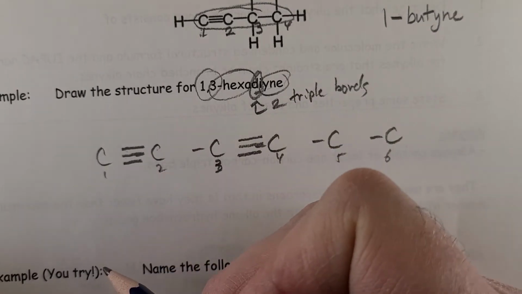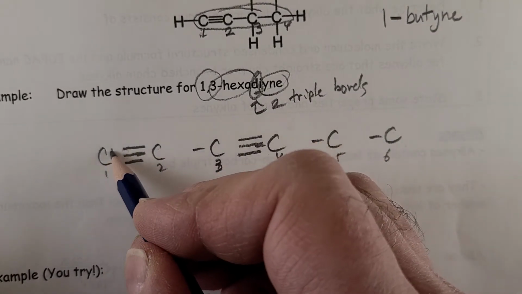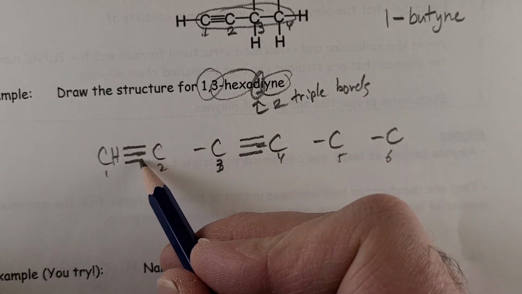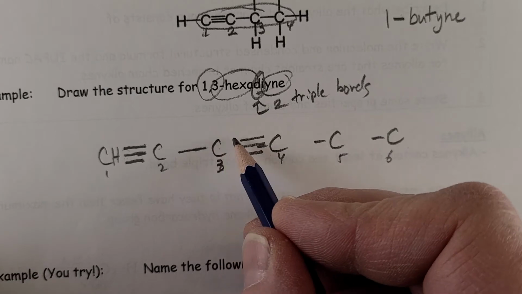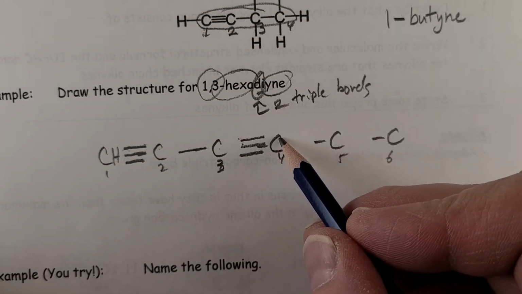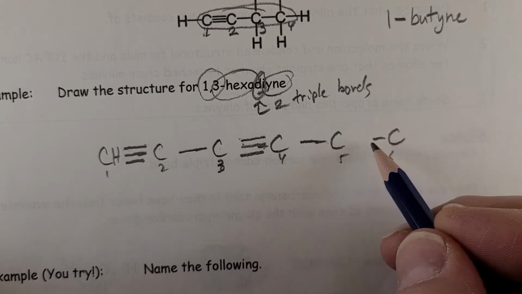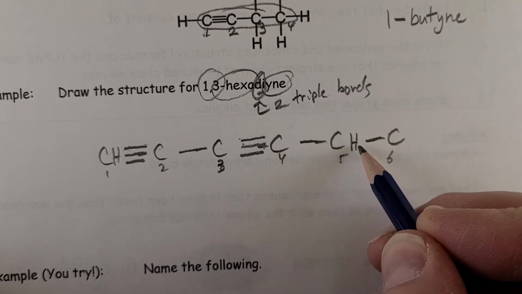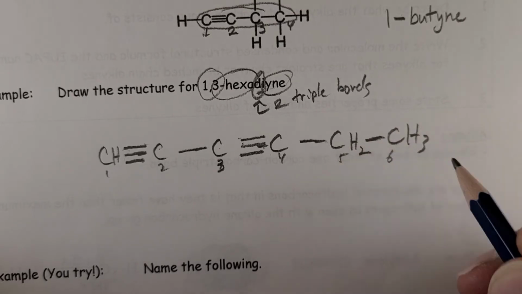And there are no other methyl or ethyl, so that's it. So this carbon bonded to 3 things needs 1 H. This carbon, 1, 2, 3, 4, it's good as is. Same thing with this one, 1, 2, 3, 4, we're good. This carbon, 1, 2, 3, 4, we're good. This carbon, 1, 2, so we need 2 H's. And this carbon's bonded to one thing, so it needs 3 H's.